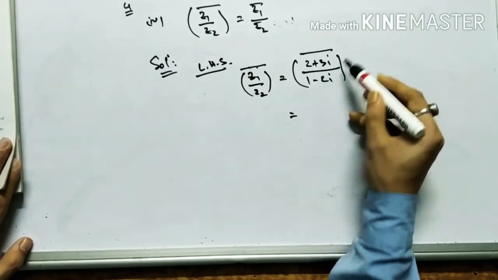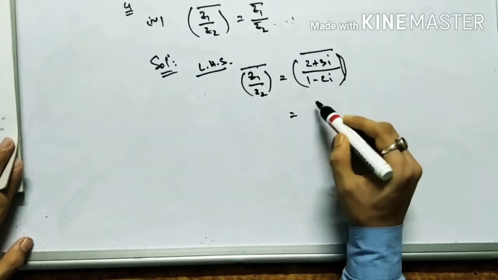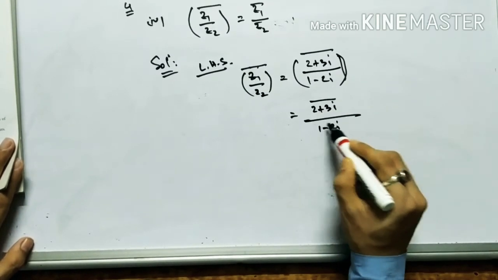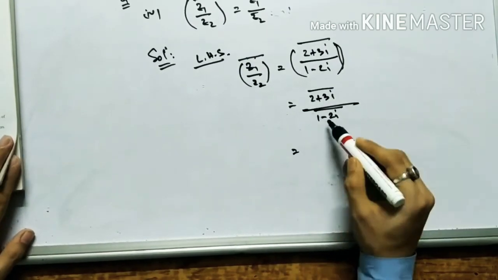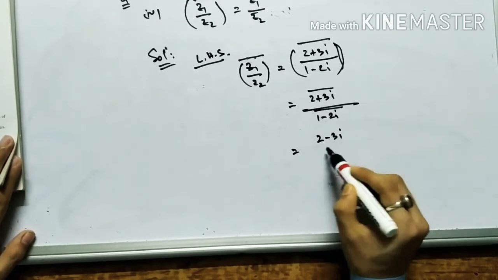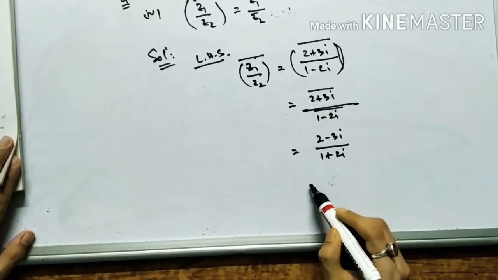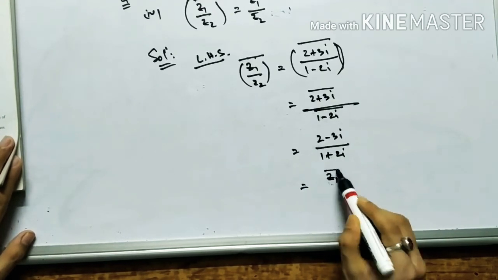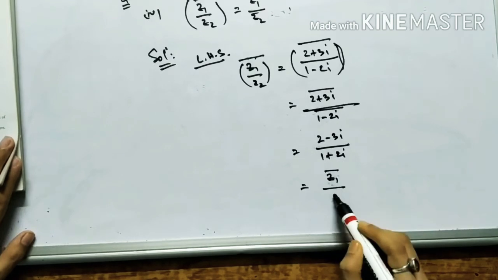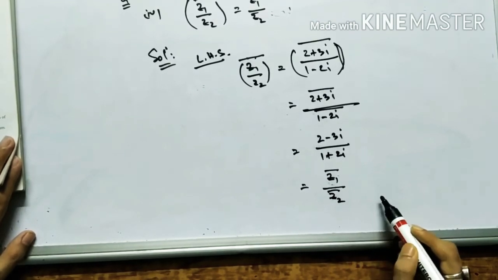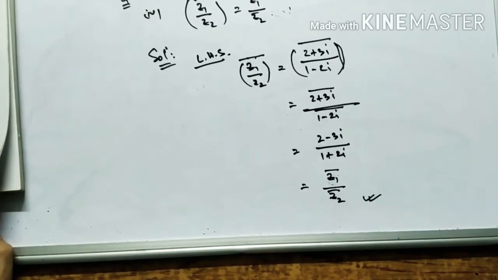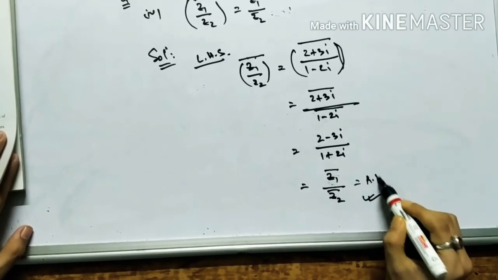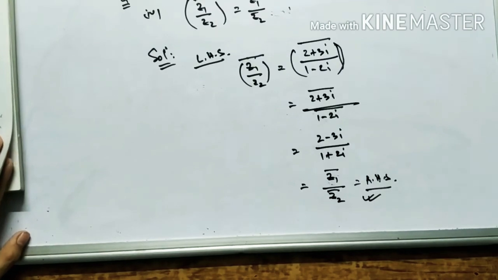Now according to the property, this one becomes (2 plus 3i) bar by (1 minus 2i) bar. This becomes 2 minus 3i, and this becomes 1 plus 2i, which is equal to z1 bar by z2 bar. Okay, so this is your answer, equal to RHS.